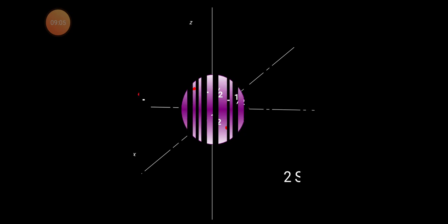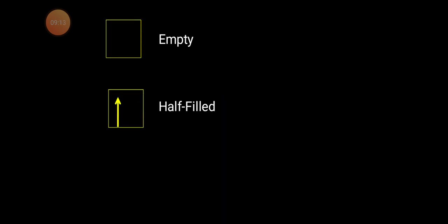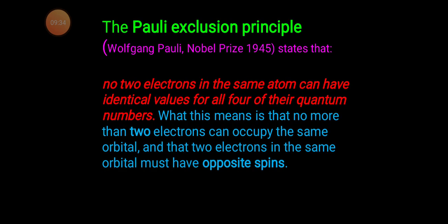This is a 2s orbital where the electrons look like this. This is a p orbital. So these are the 3 types of electronic arrangement: one is empty, second is unpaired electron, and third is paired electron. The first is empty, that is no magnetic moment, no magnetism. Second is paramagnetic, attracted by the magnet, and third is diamagnetic, which is repelled.